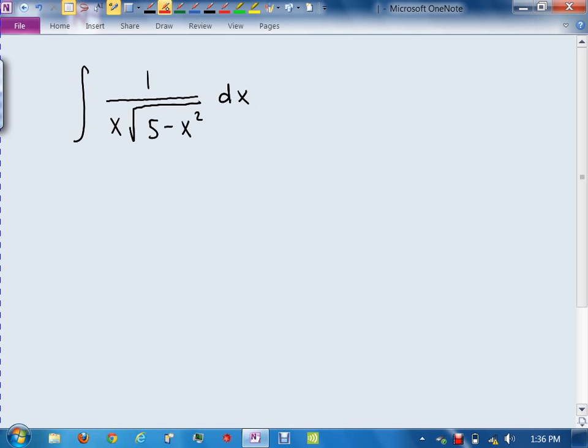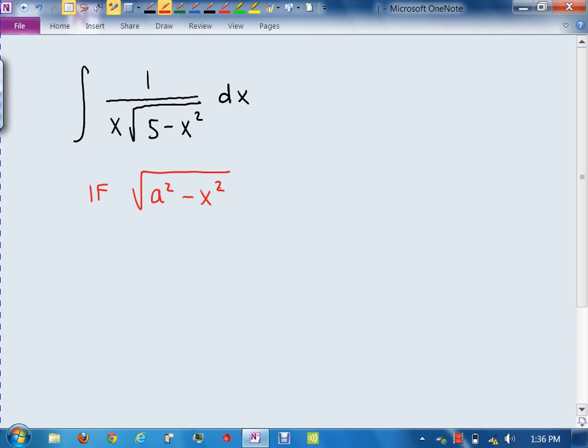But because today's about trigonometric substitutions, let's see what we can do if you have a square root of a squared minus x squared. The previous problem, it was a squared plus x squared, wasn't it? What do we do when we have a square root of a squared minus x squared instead?